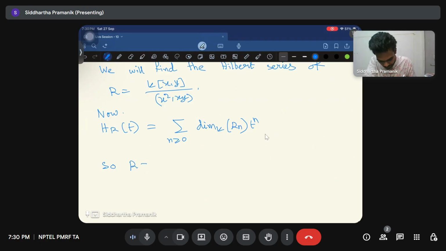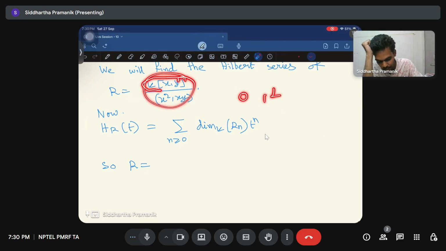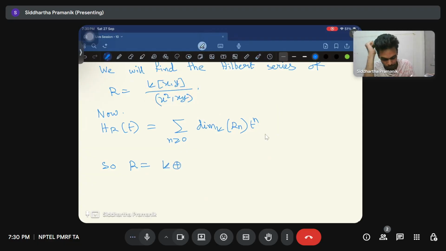So we can write R as, so this ideal, its generators have degree 2. So the 0 degree and 1 degree terms in the quotient will be the same as the 0 degree and 1 degree terms of k[x,y]. Okay, so I should write: R is basically R0 direct sum R1 direct sum R2, and so on.